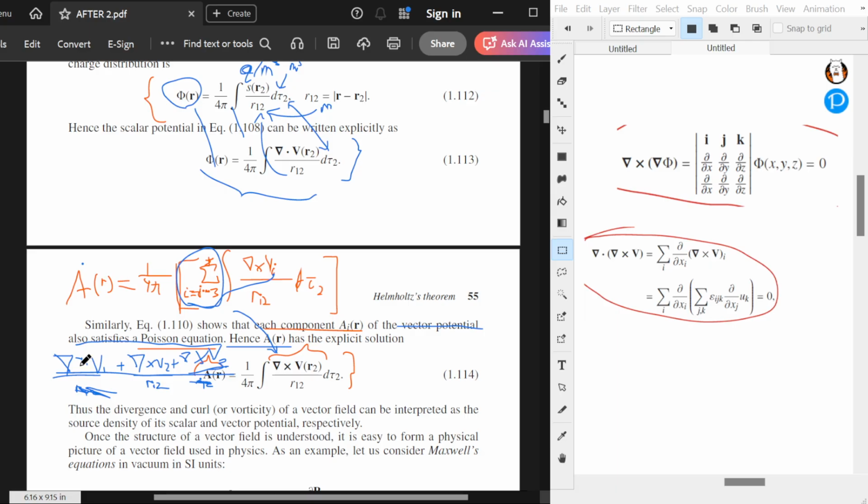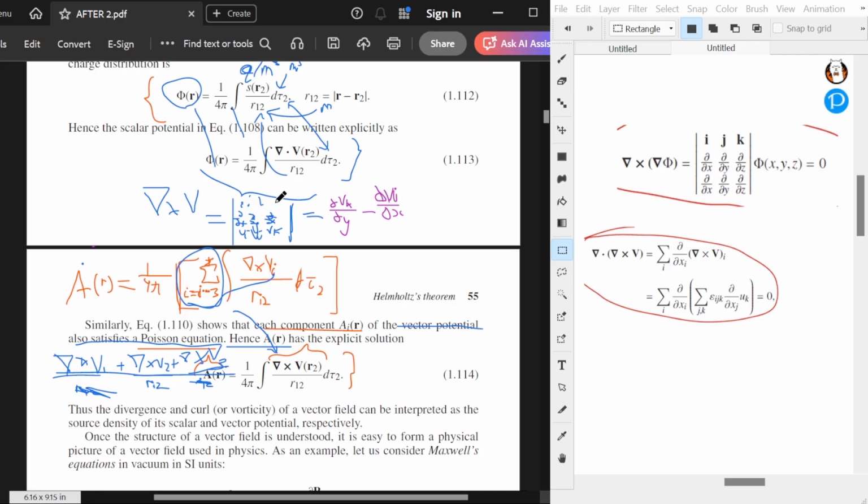And this cross V ends up being the determinant of i, j, k; del x, del y, del z; V_i, V_j, V_k, equal del V_k del y minus del V_j, this is not a del V_j del x.